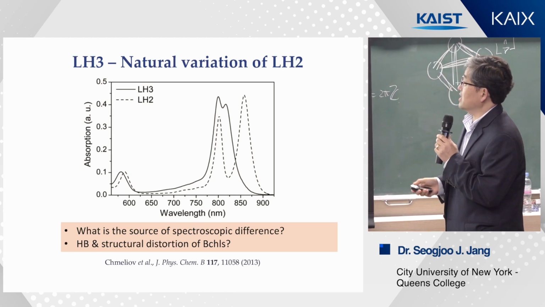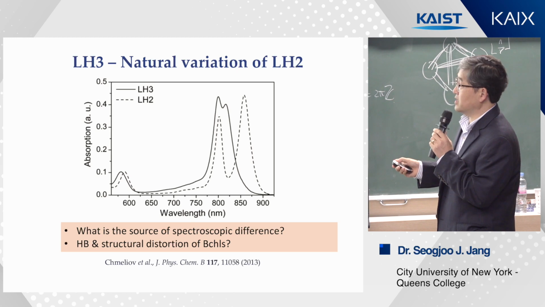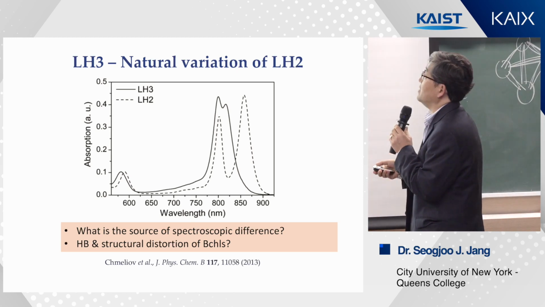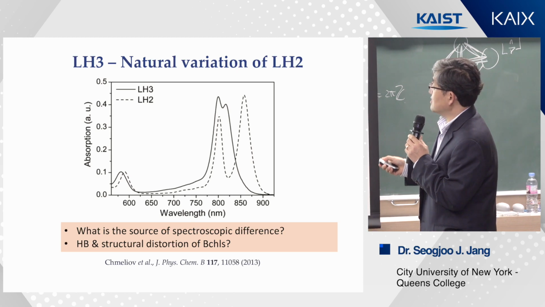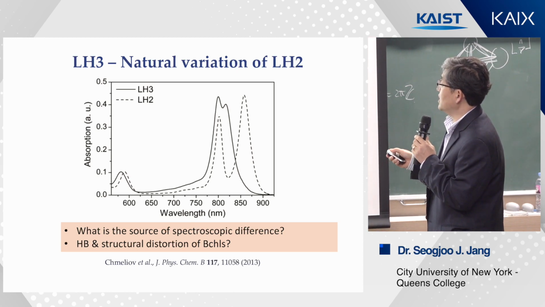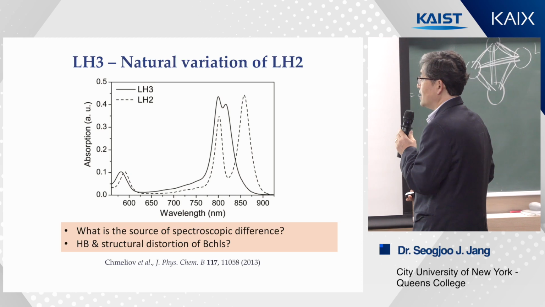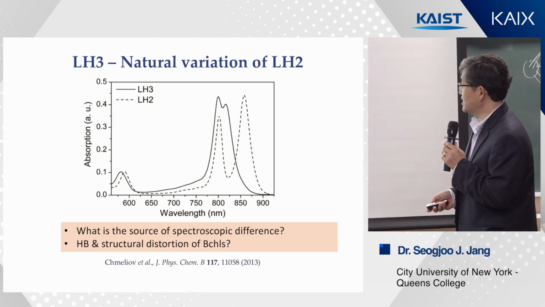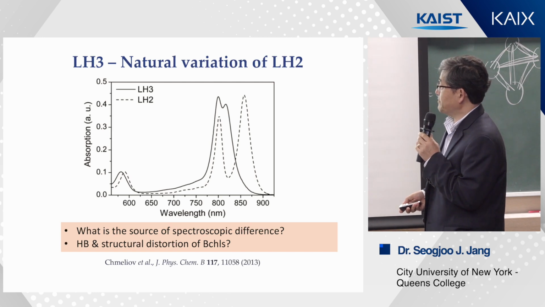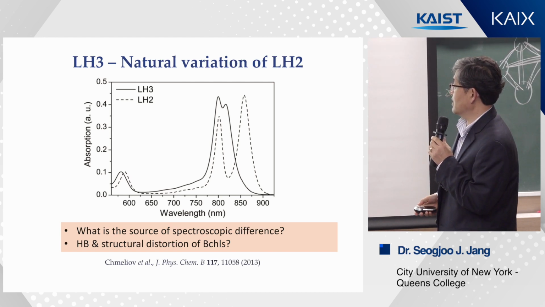But interestingly, even though LH3 is pretty much the same as LH2 in many aspects, its spectral shape is very different from LH2. So the source of the spectroscopic difference has been a topic of debate for many years.